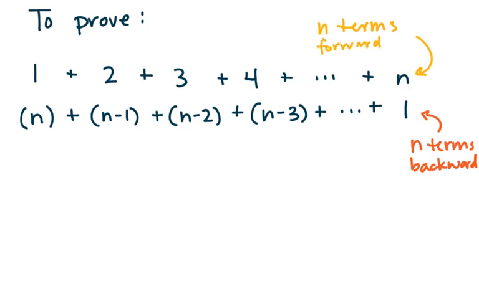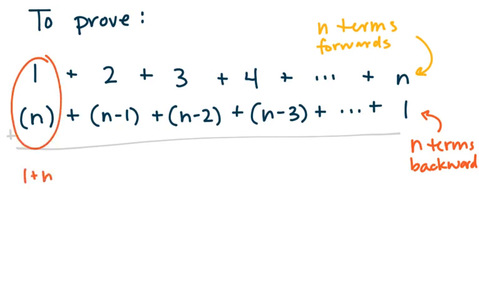So if I took these two and added them together and said, let's find the sum of both of these, I would have two sums. And if I look at adding this first piece here, that would be 1 plus n. This next term, I would have n plus 1.